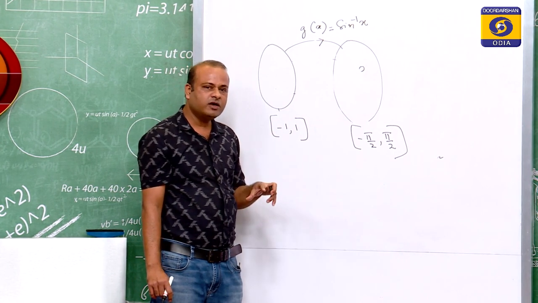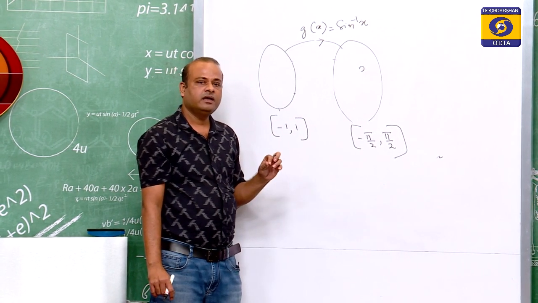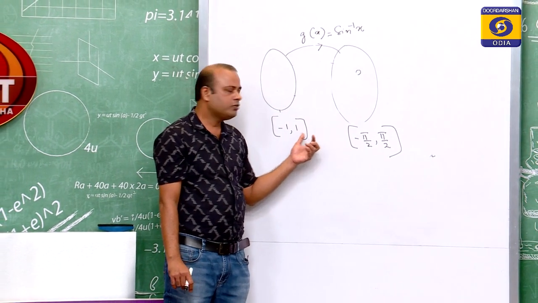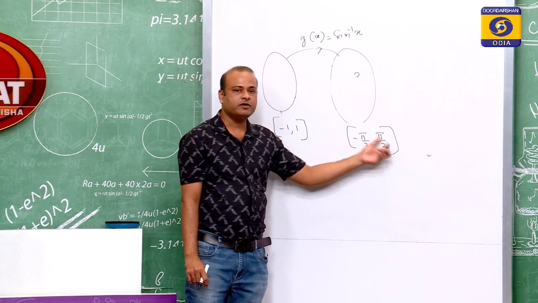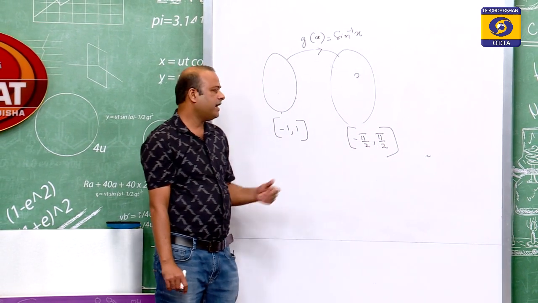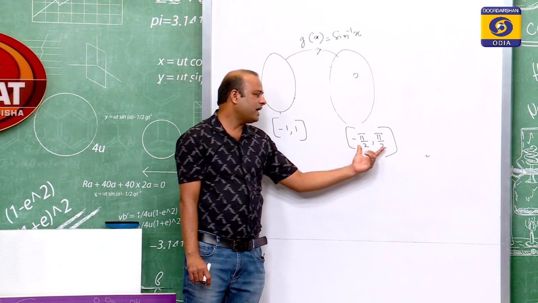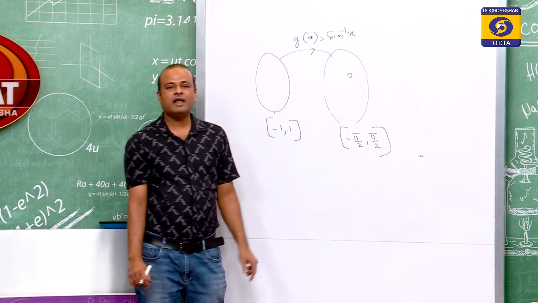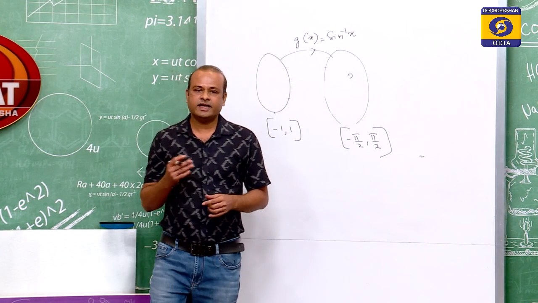Hence, sin inverse x is a function from minus 1 to 1 to minus pi by 2 to pi by 2, and we call this minus pi by 2 to pi by 2 the principal value of sin inverse x.